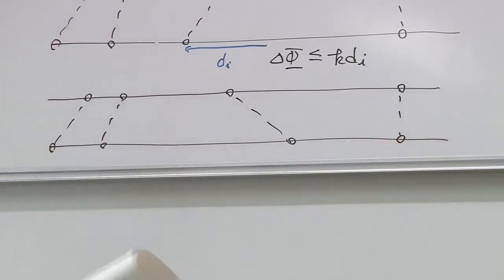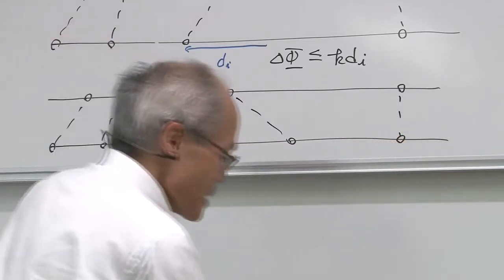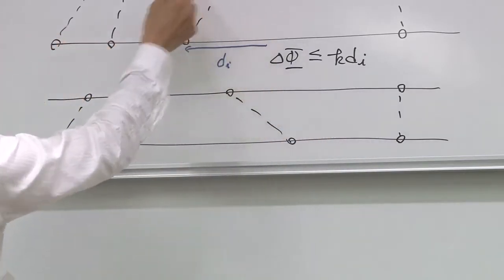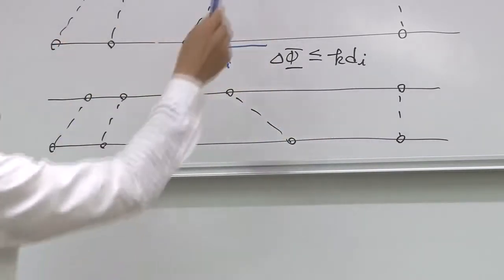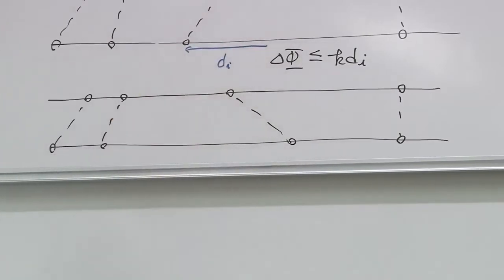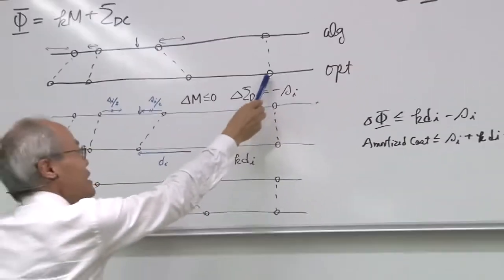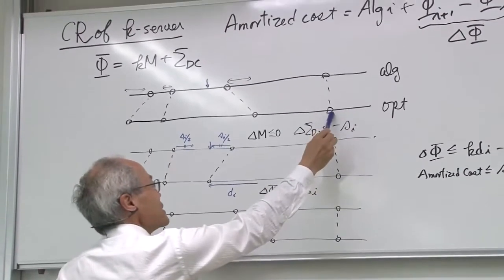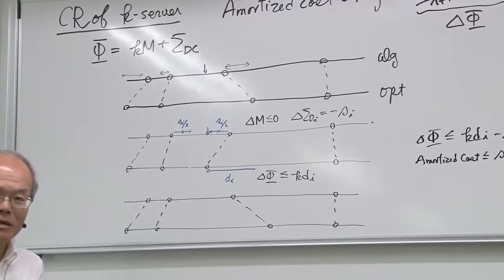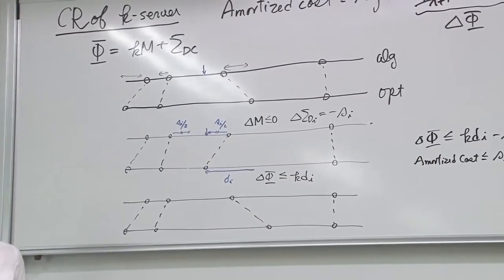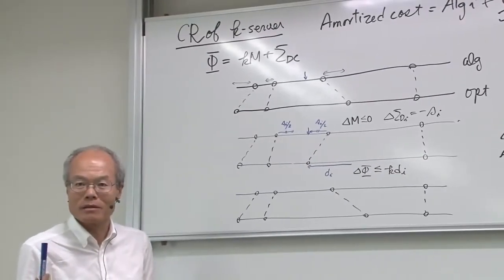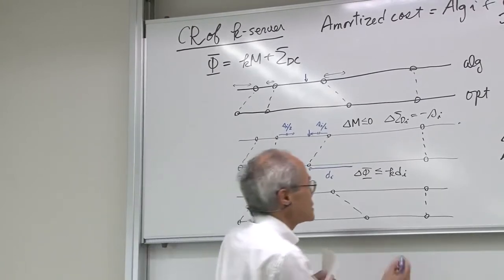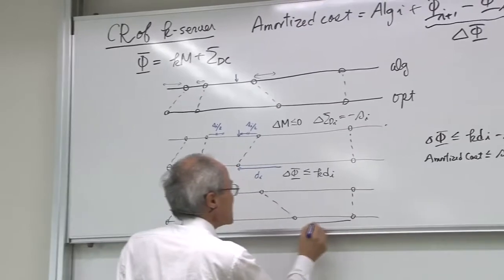I said that this server moves. But why not move this other server? Maybe opt moves this server. I don't know how opt selects a server, so maybe this guy might move here.